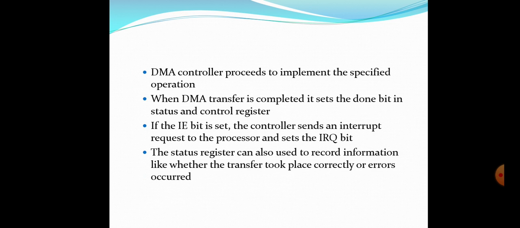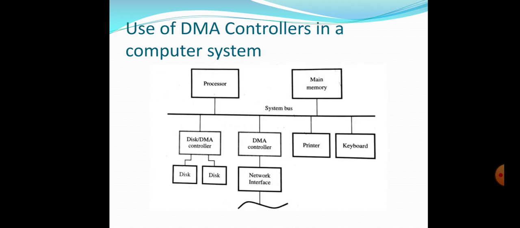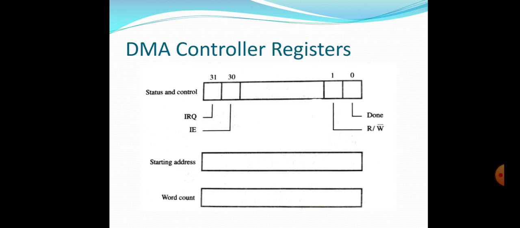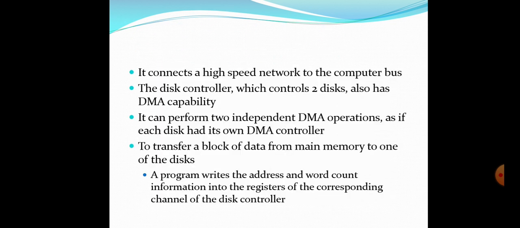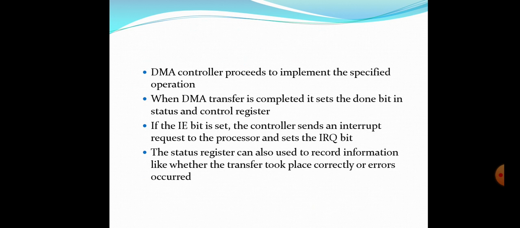The status registers can also be used to record information like whether the transfer took place correctly or errors occurred. In the status and control register, we have discussed only these four flags. It's a 32-bit register, so the remaining 28 bits can be used for other purposes also. One such example is recording whether the transfer took place correctly or errors occurred.